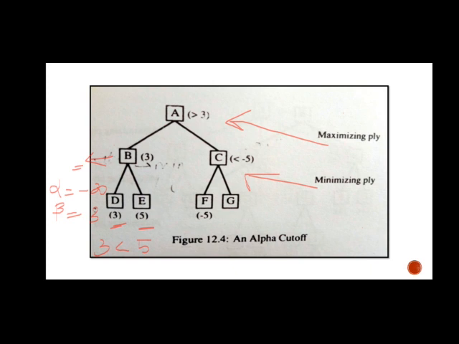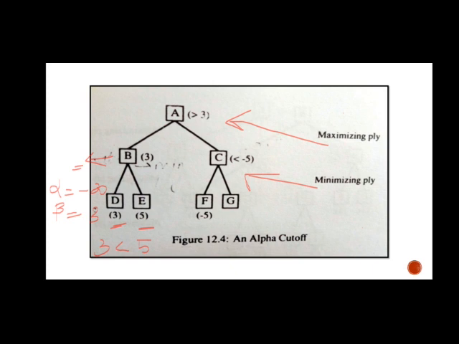Then we backtrack and reach A. Here the value of alpha should be updated because A is a maximizing player, and B and C are minimizing players. At a maximizing player we update the value of alpha, and at a minimizing player we update the value of beta.